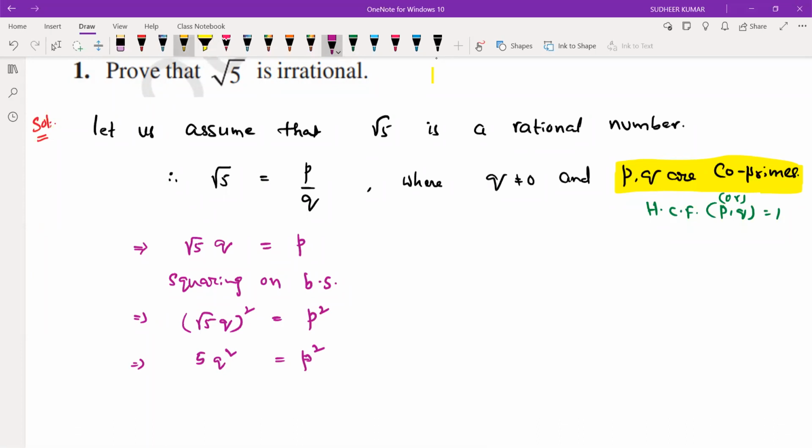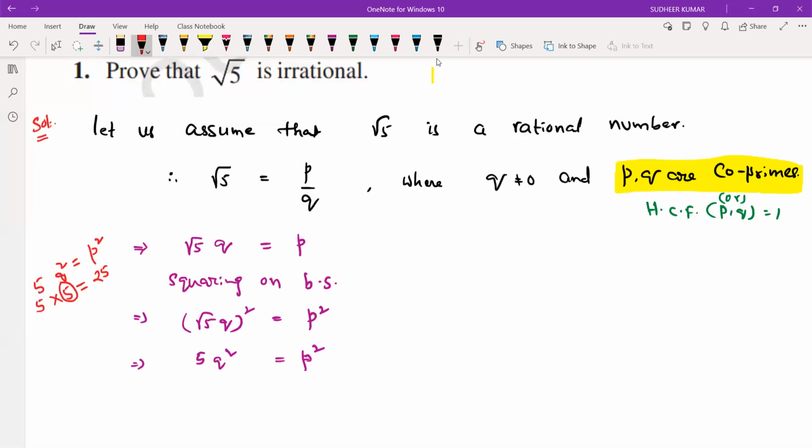For example, let us take 5 into 5. What do you get now? 25. Suppose P square, take it as 25, and Q square value is considered as 5. So 5 into Q square equal to P square, right?